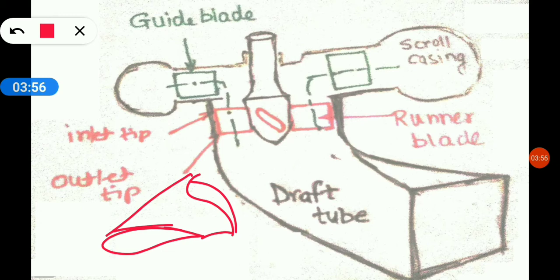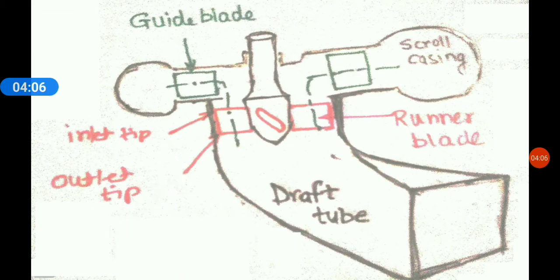As you can see, here the blade angle is different and here the blade angle is different. Similarly, here blade angle is different, here blade angle is different. Throughout the length the blade angle is changing, at the entrance and at the exit.